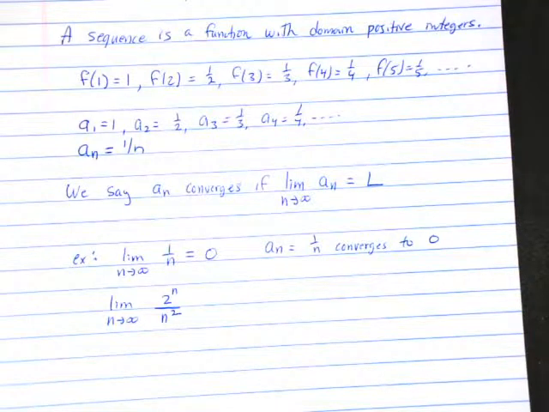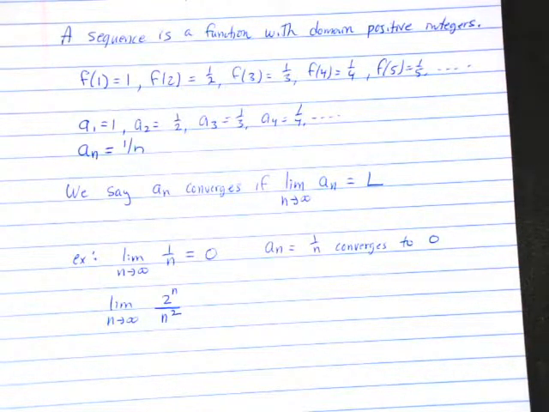Which is it? That's infinity over infinity. It's not 6 over 6. 6 over 6 would be 1. Infinity over infinity can be anything. That's one of our indeterminate forms.